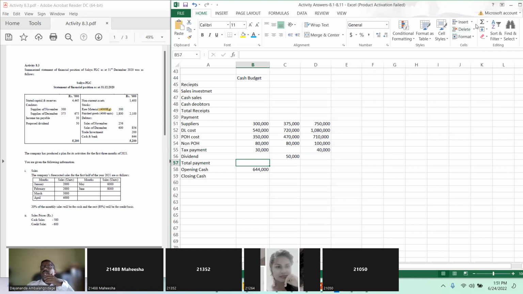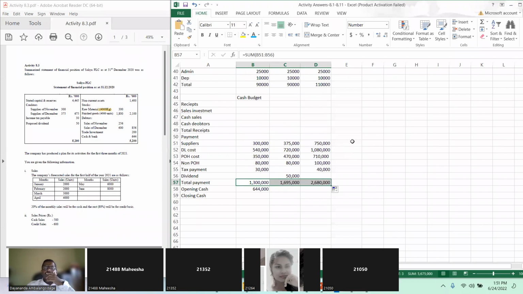So you can get the total payments. Then we will go to the receipt side, sales of investment. You can remember, as per the investment, the book balance, trade investment is 200.